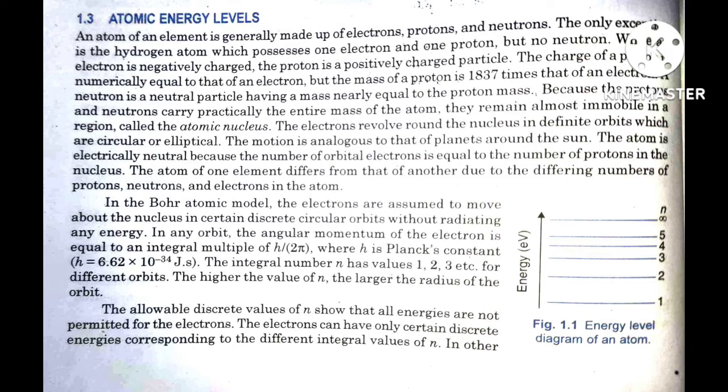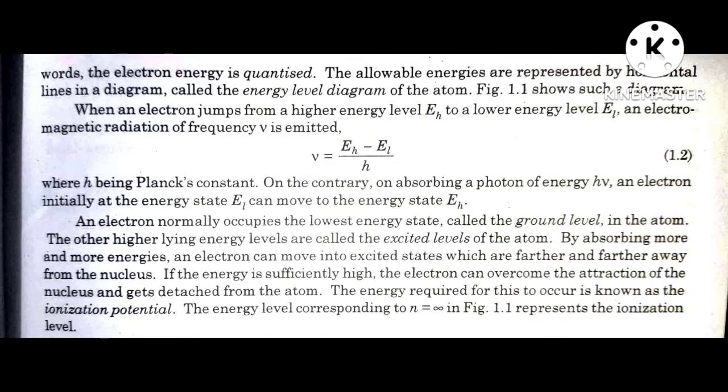Only discrete values of n are allowed, so that all energies are not permitted for the electrons. The electrons can have only certain discrete energies corresponding to the different integral values of n.